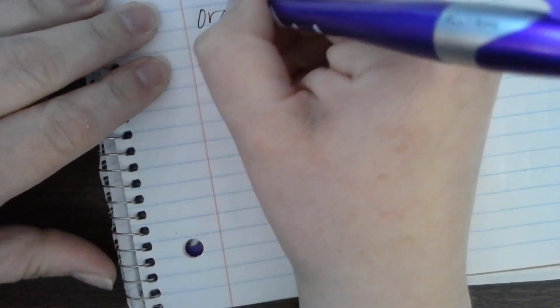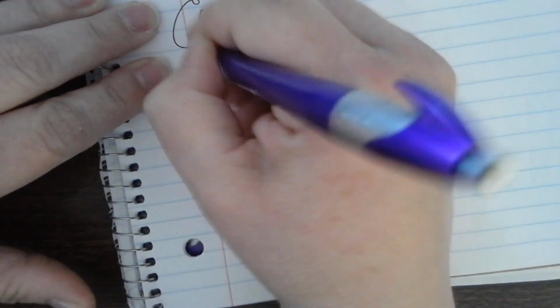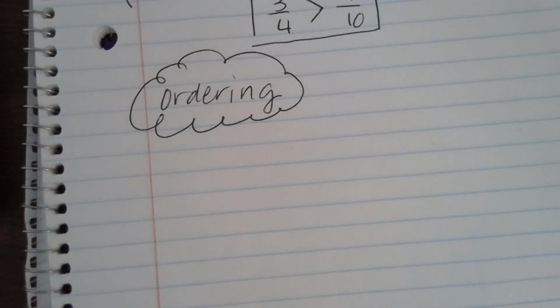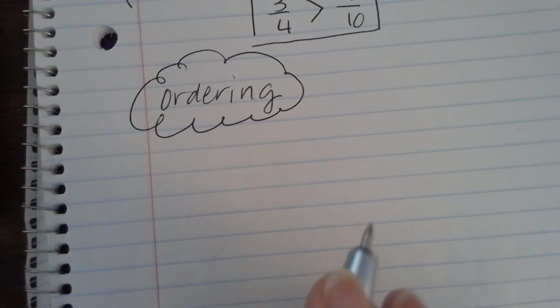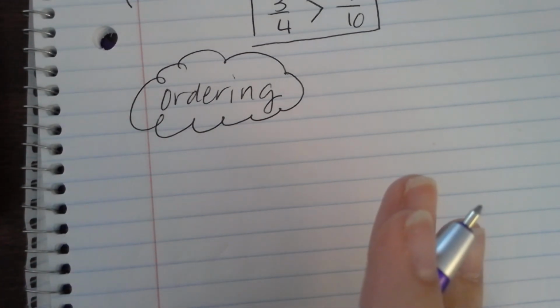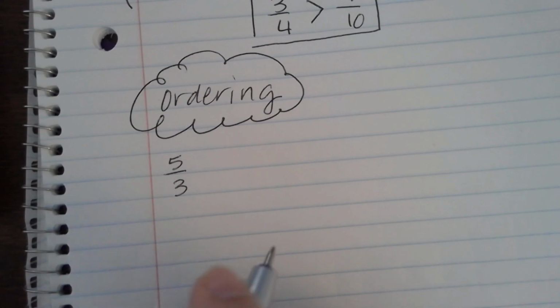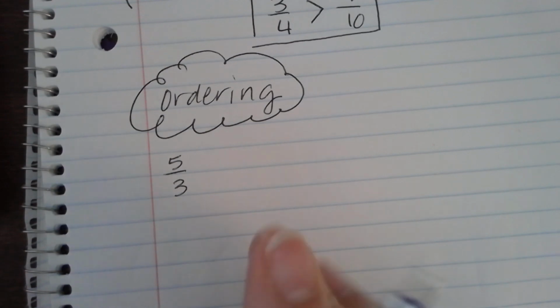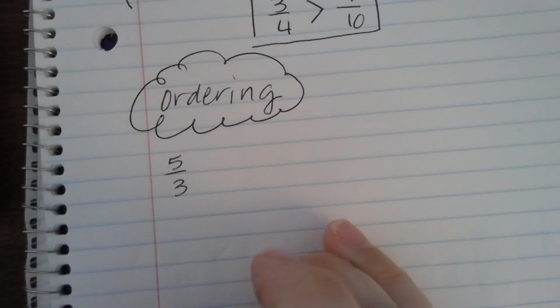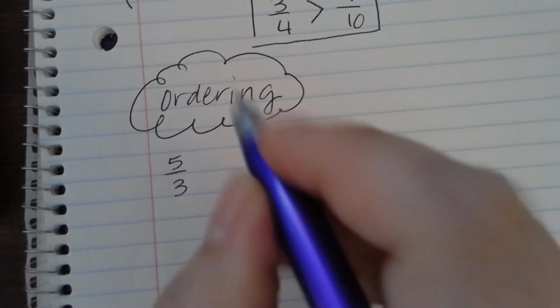All right, so now let's talk about ordering fractions. Least to greatest, greatest to least, whatever it is that your directions tell you to do. So if I have multiple fractions, they gave me an example here: 5/3, 6/6, and 7/8.